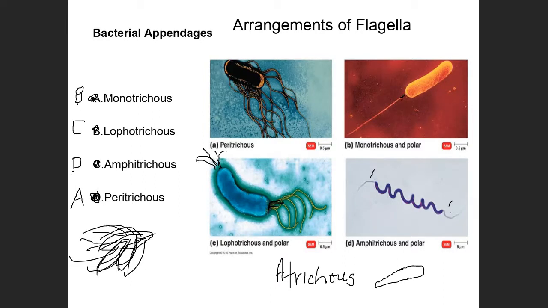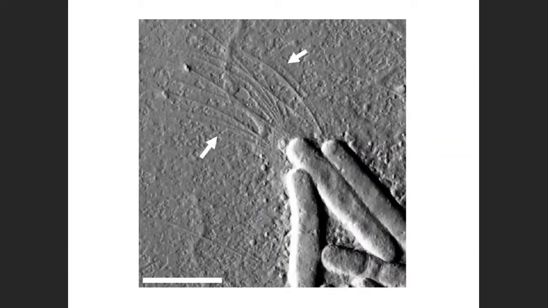Any questions? All right. So here is an electron micrograph. It's a SEM. It's a scanning electron micrograph, right? And why do we know that, Kayla? Why do we know this is a scanning electron micrograph?